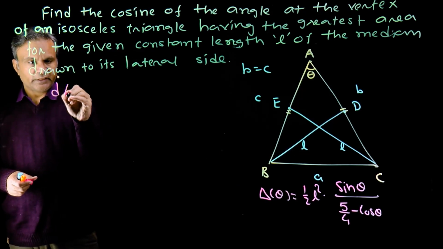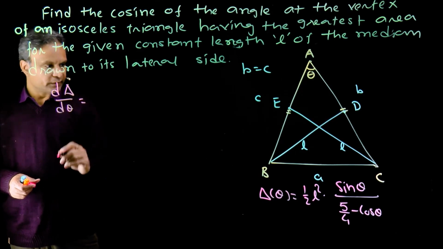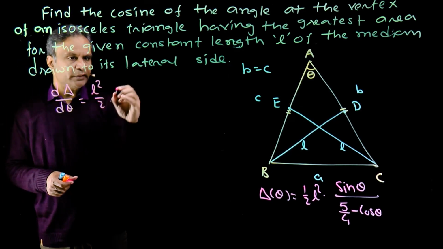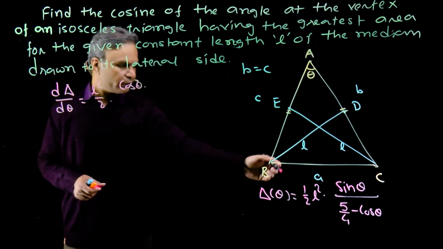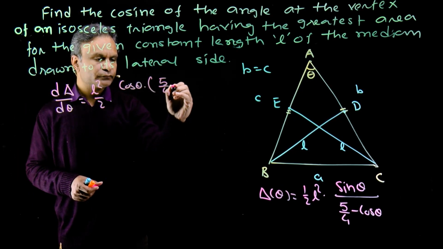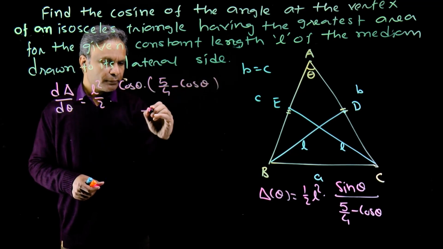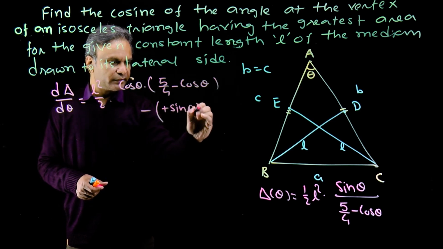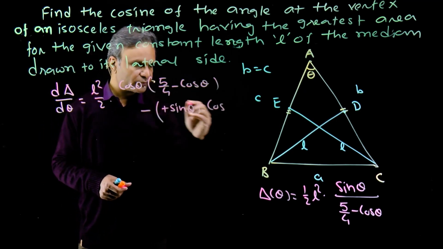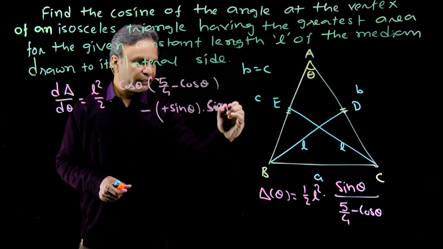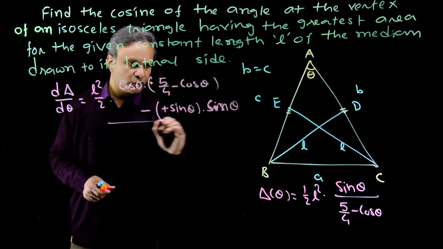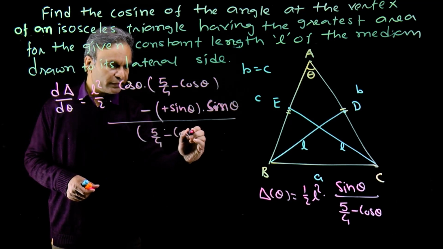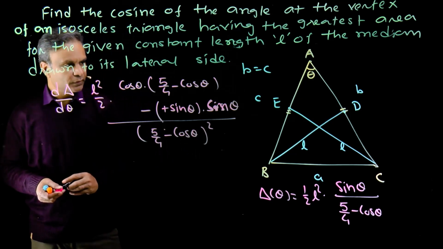The derivative d delta over d theta will be L square upon 2 multiplied by the derivative of the numerator into the denominator, minus the derivative of the denominator, which is plus sine theta, into the numerator, which is sine theta, all over the square of the denominator, 5 by 4 minus cos theta whole square.